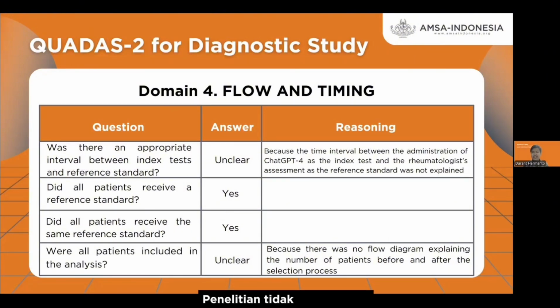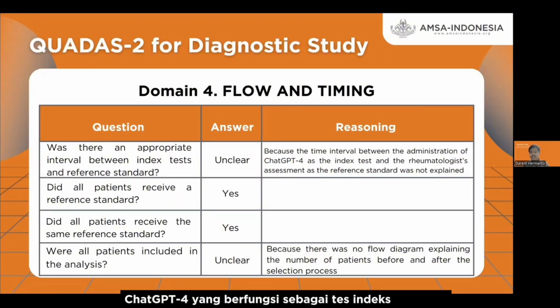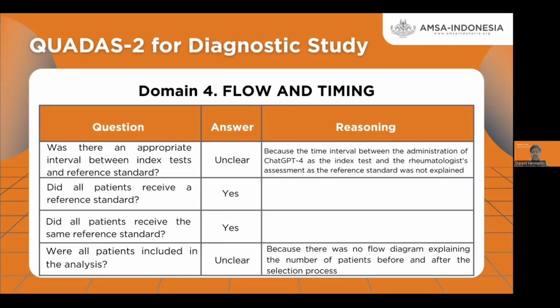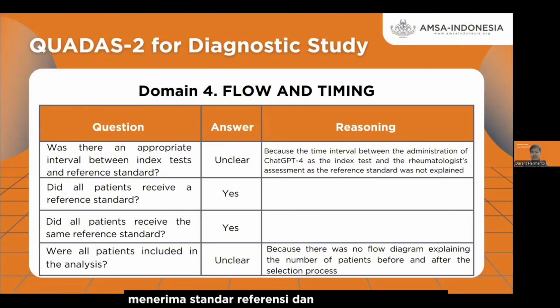Specifically, the study did not explain the time elapsed between the administration of ChatGPT-4, which served as our index test, and the rheumatologist assessment, our reference standard. While it is confirmed that all patients received a reference standard and that they all received the same reference standard, there is another area of uncertainty.